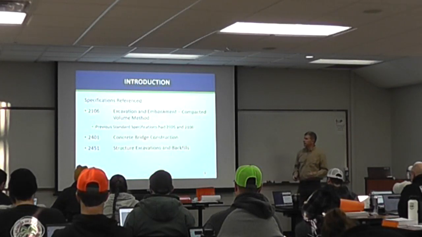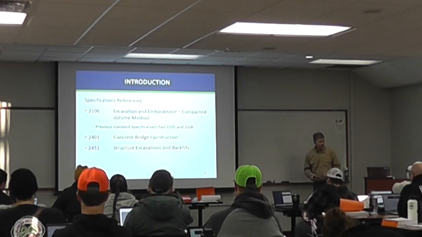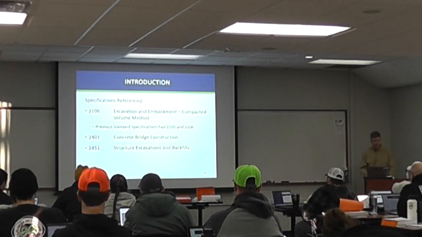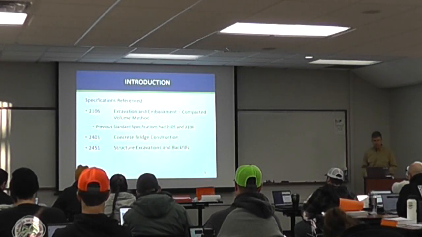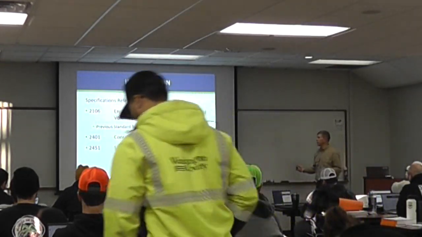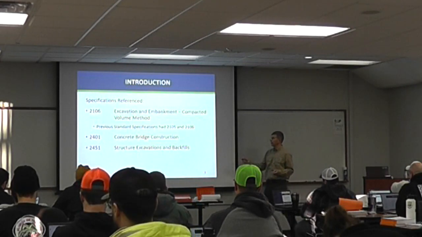So there are some things that control, and the main specifications that we'll be looking at here today are 2106, which is excavation and embankment. They used to be split up into 2105 and 2106, so those of you who've been around for a while may remember the 2105.